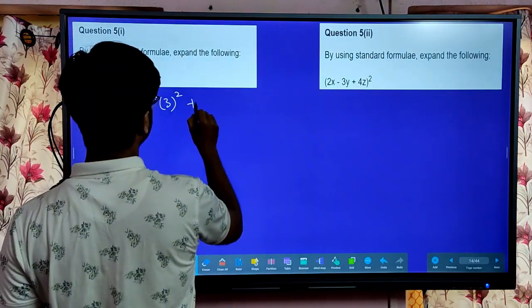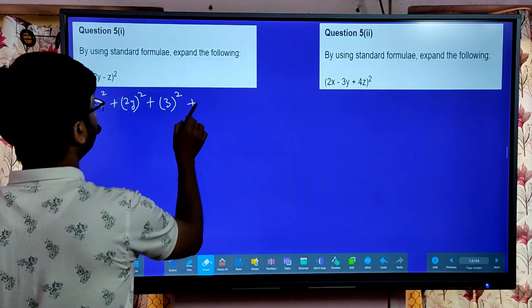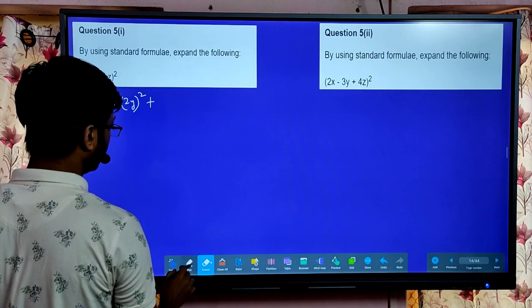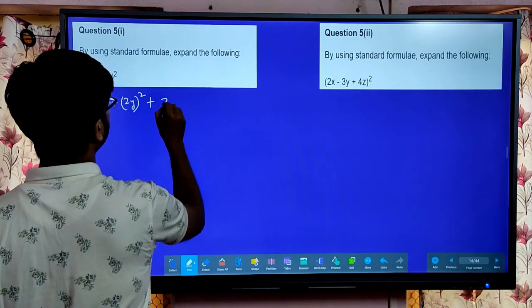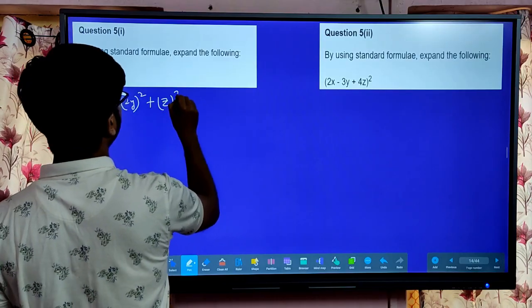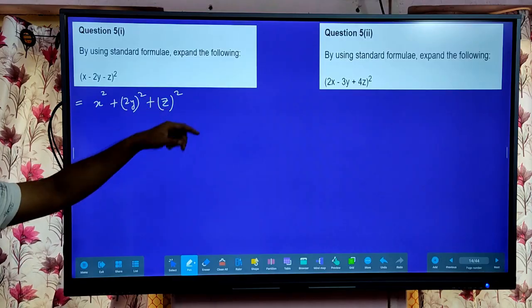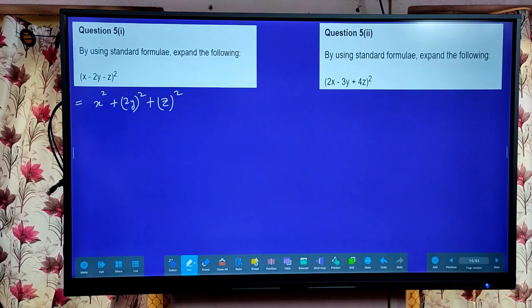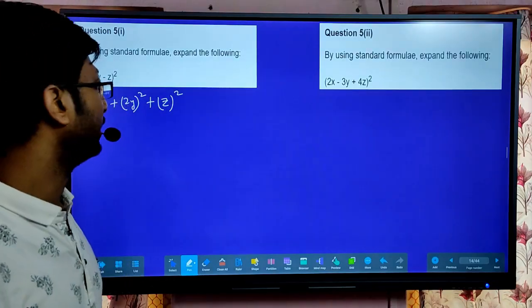Plus 2. So this z is appearing as 3. I need to write z like this. Okay, so this is z square. I have to cut this because if I don't put this cutting sign, it will appear as 2, and if I write in cursive writing, it will appear as 3.